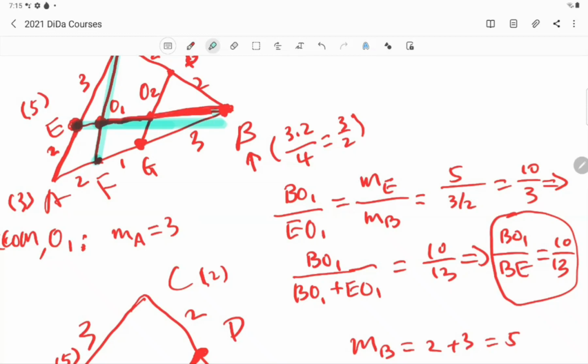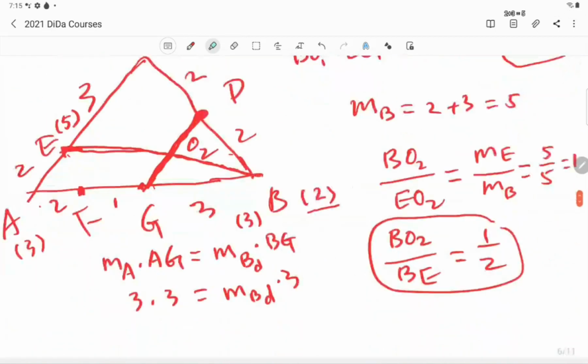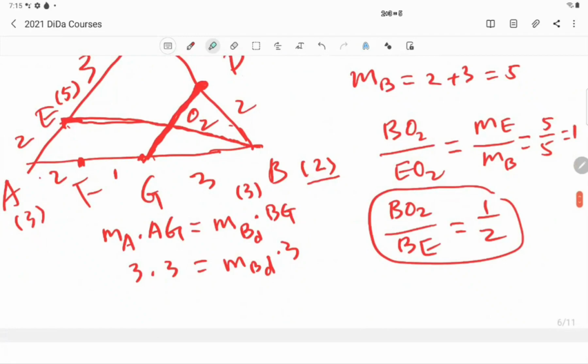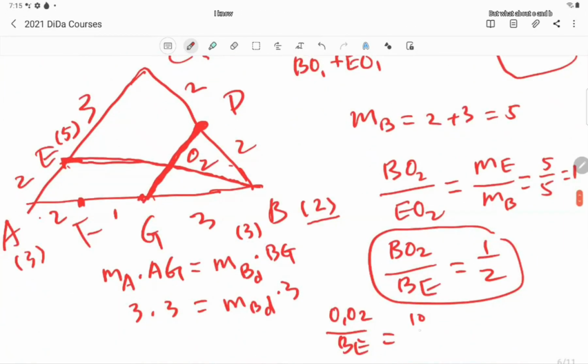So O1O2 over B is just 10 over 13 minus 1 half, which is 7 over 26, okay?